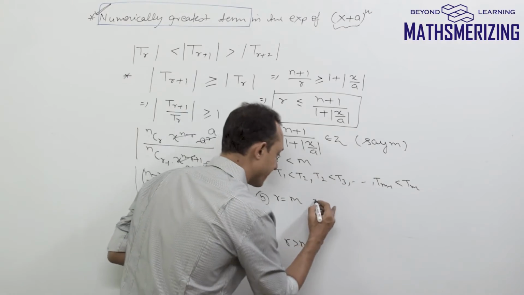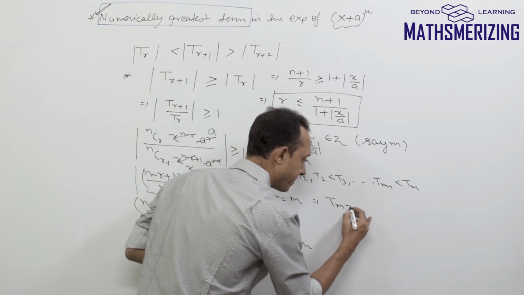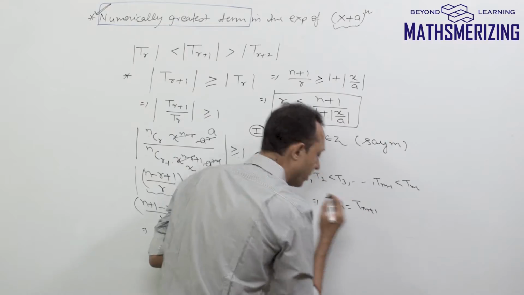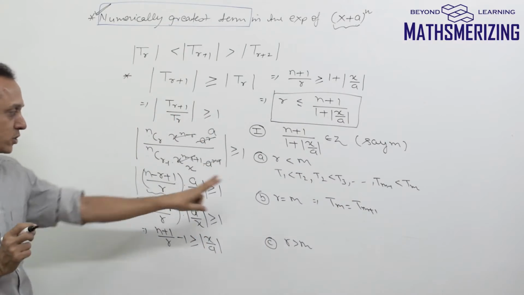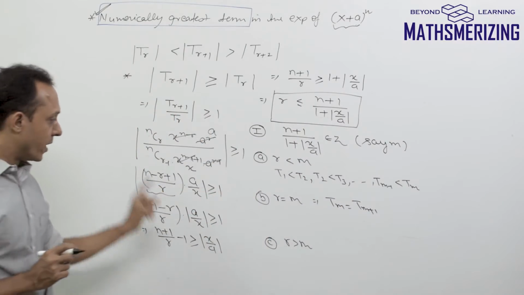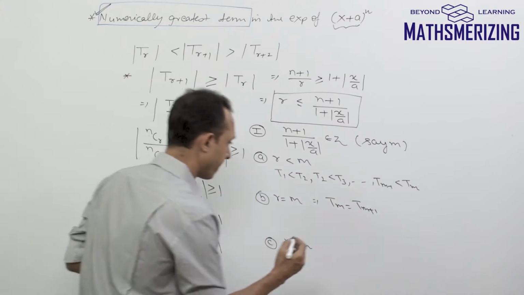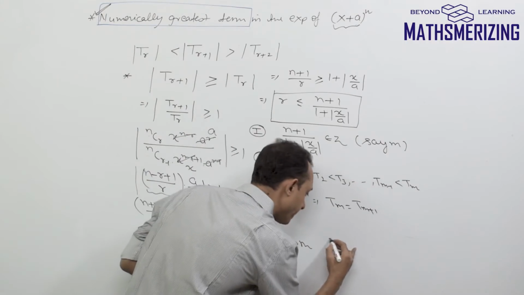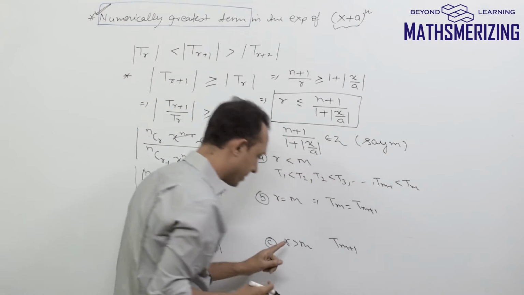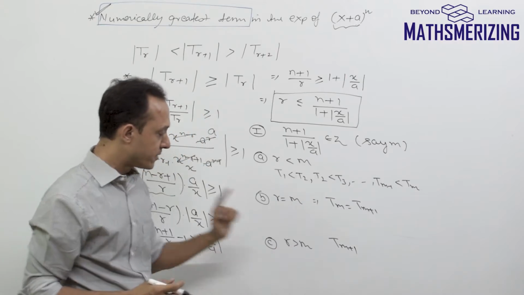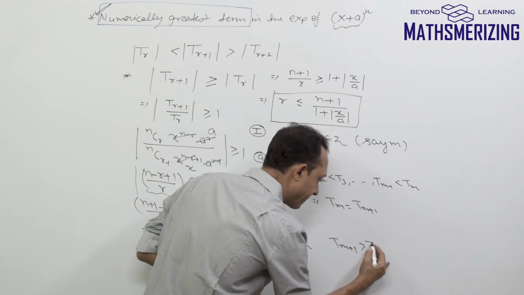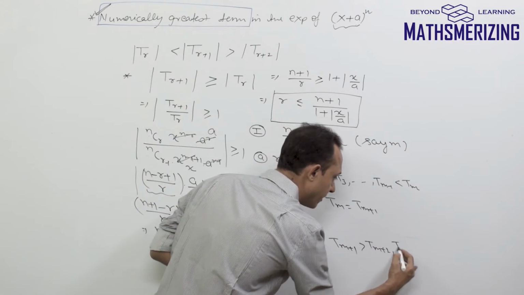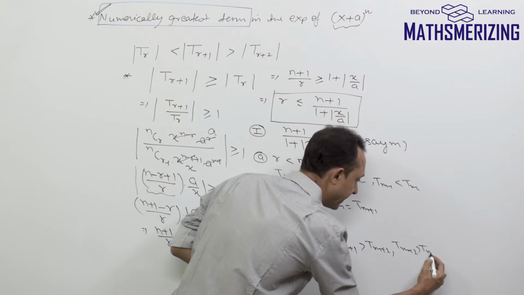So from here I can say t(m) is equal to t(m plus 1). So these two terms will have the same value. And when r is greater than m, it'll be the opposite condition. So in that case, it'll be t(m plus 1) because it starts with the value greater than m. So t(m plus 1) should be greater than t(m plus 2). t(m plus 2) should be greater than t(m plus 3).